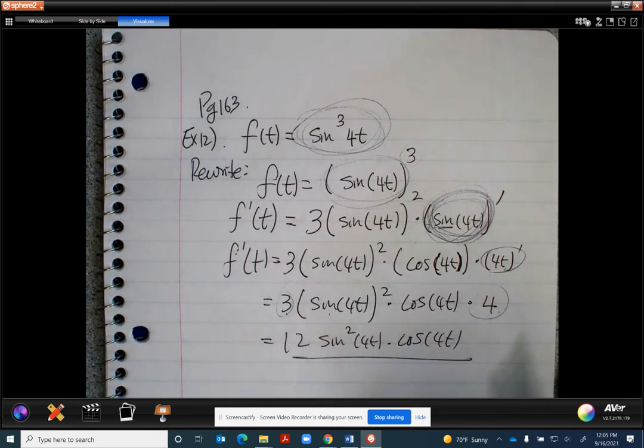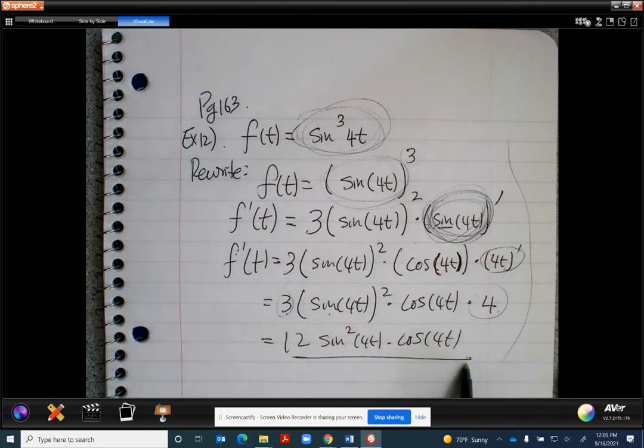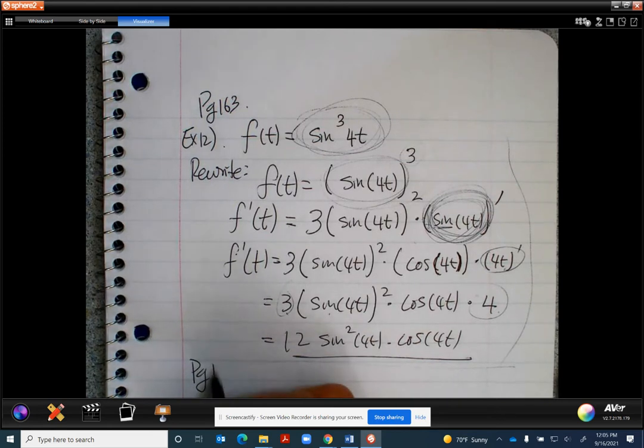Alright, let's do a similar example of this. Let's see if you guys can do this on your own. So let's practice one out of your textbook. Homework page 168.